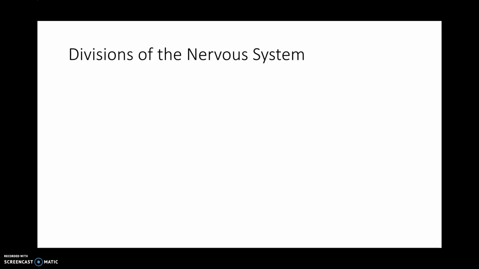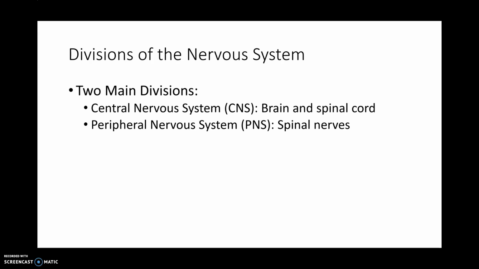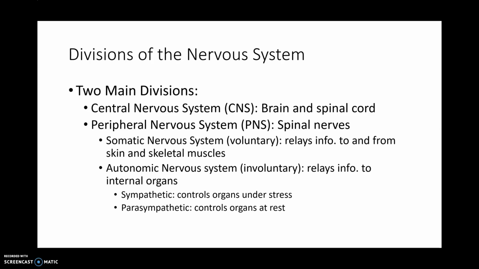There's a couple of different divisions of our nervous system as well. So our first two is going to be our main divisions, which is our central nervous system, which is made up of our brain and spinal cord, and then our peripheral nervous system, which is going to be just the nerves, both cranial and spinal nerves. And then there's some divisions of our peripheral nervous system. So our somatic is going to be our voluntary.